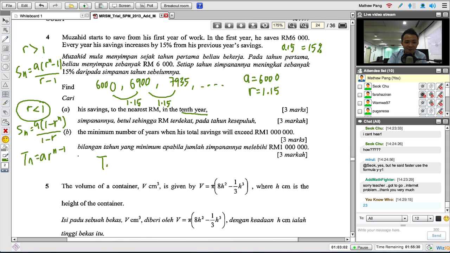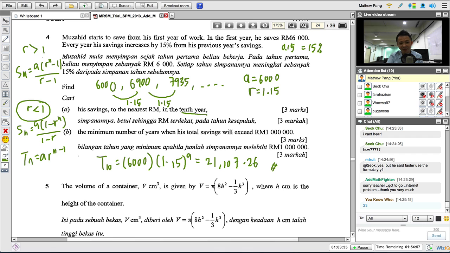So T10 equals a, which is 6,000, times r, which is 1.15, to the power of n minus 1, which is 9. Pressing the calculator, 6,000 multiplied by 1.15 to the power of 9 gives 21,107.26.